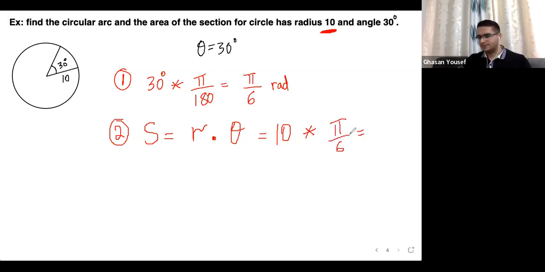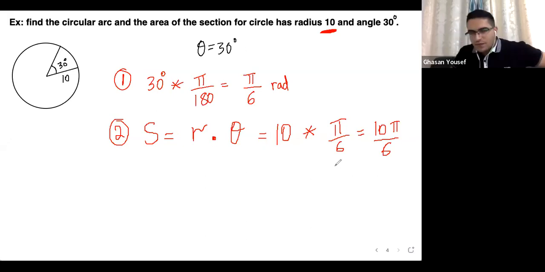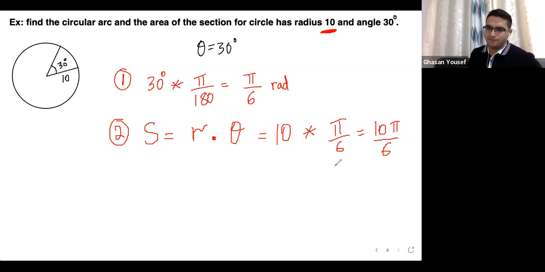What's the answer? It is 10 pi over 6. I can simplify. What is the simplification for 10 pi over 6? Can you say 5 pi over 3? Yes, exactly. 5 pi over 3. So the answer here is 5 pi over 3.